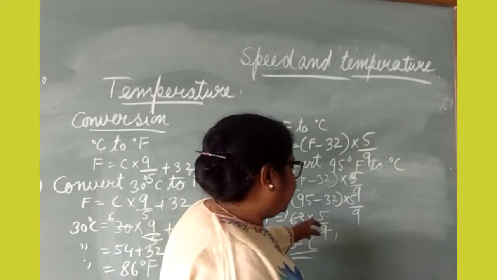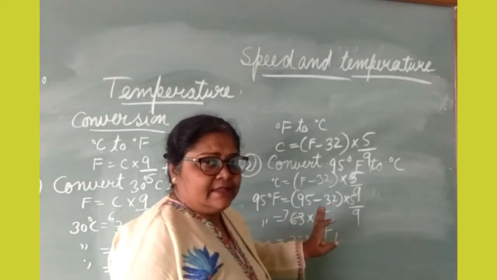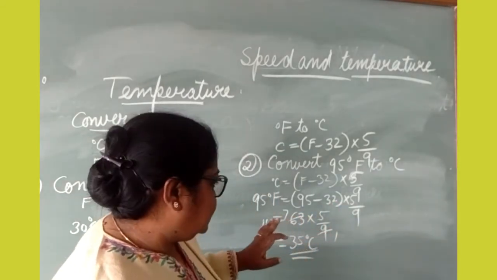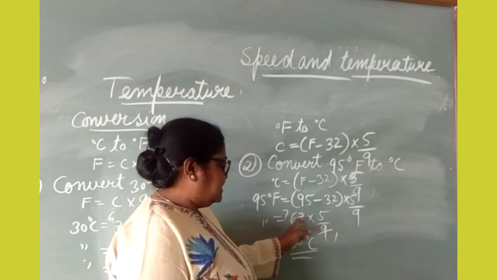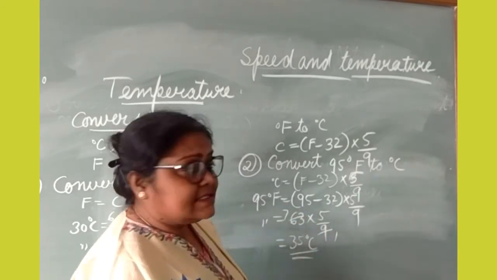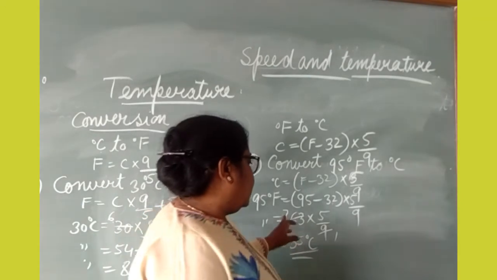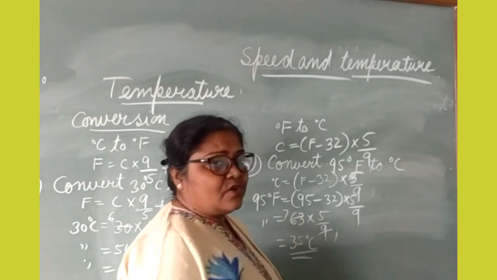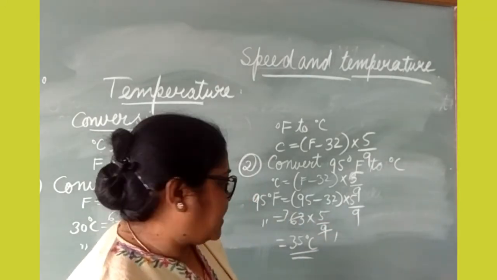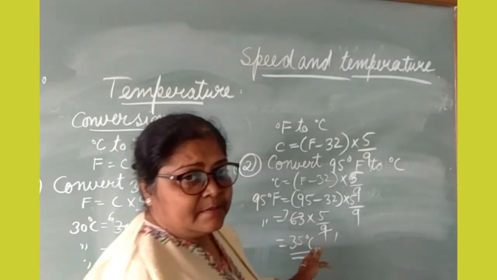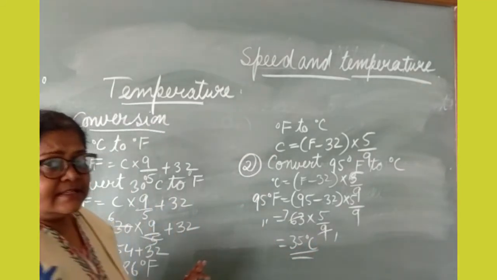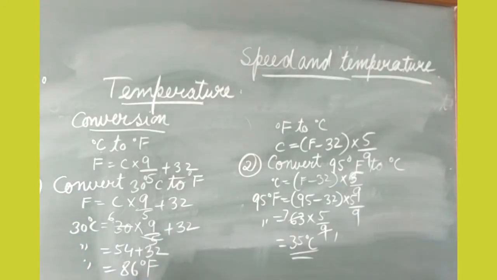Now 63 into 5 by 9. Cut by the 9 table: 9 sevens are 63. Now 7 fives are 35. So the answer is 35 degrees Celsius.